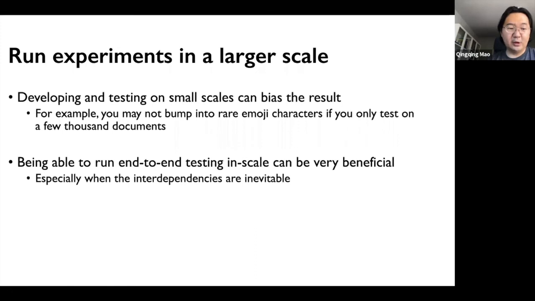Also, because interdependencies are sometimes really inevitable in some of these tasks, being able to run things end to end and test them at scale can be very beneficial for many of these tasks.